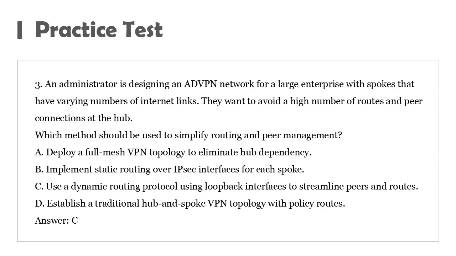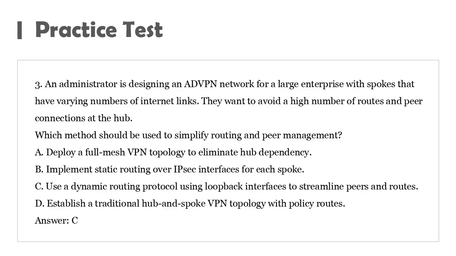3. An administrator is designing an ADVPN network for a large enterprise with spokes that have varying numbers of internet links. They want to avoid a high number of routes and peer connections at the hub. Which method should be used to simplify routing and peer management? A. Deploy a full mesh VPN topology to eliminate hub dependency.